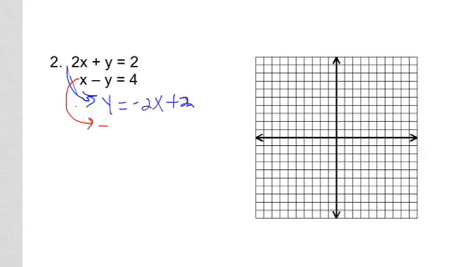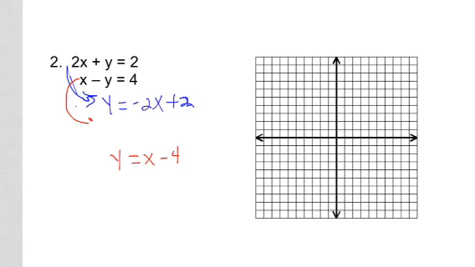It'll be negative y equals, remember, change sides, change signs, negative x plus 4. We need to make that a positive y, so that's going to be y equals x minus 4. So it did change a little bit as we move things around.